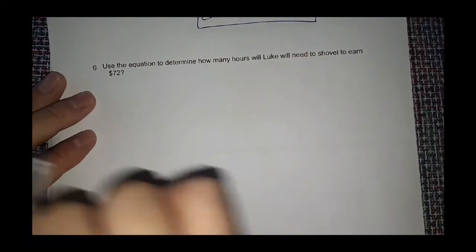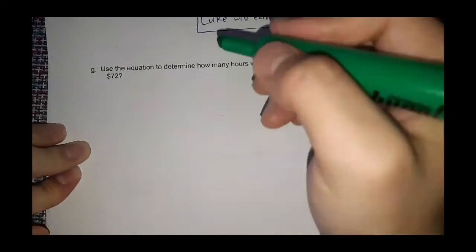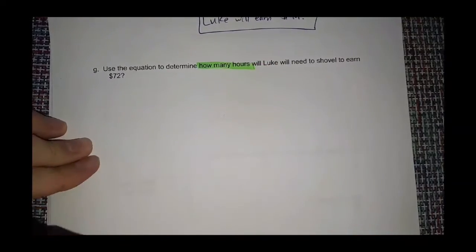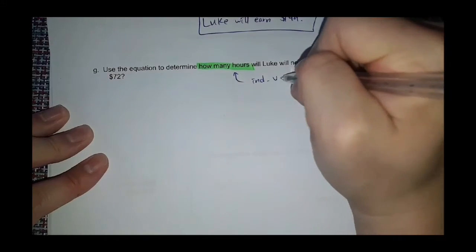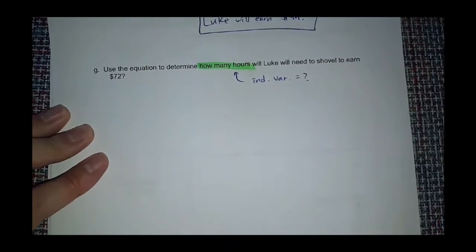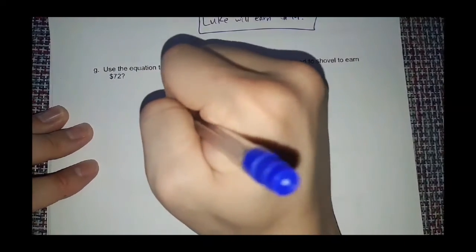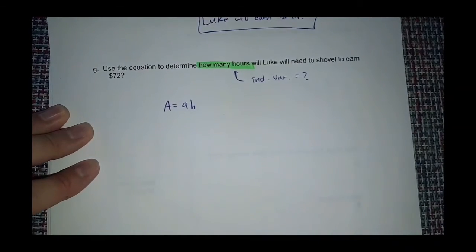Number 2. Use the equation to determine, now it's backward, how many hours. So we're talking about finding out our independent variable. It doesn't matter, we start from our equation first.